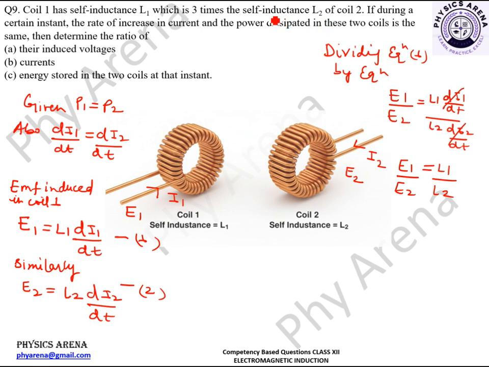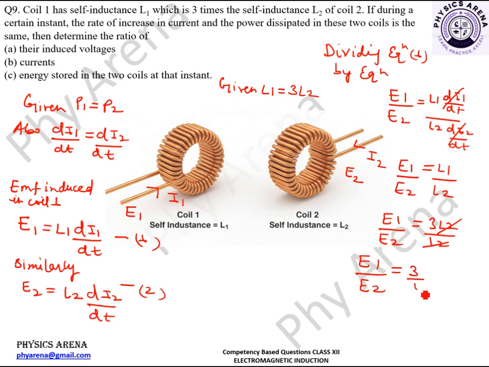And it is given in the question that L1 is 3 times L2. So in place of L1, I can write 3 times L2. So E1 upon E2 will be equal to 3 times L2 divided by L2. L2 gets cancelled out, and we are left with the ratio of the induced voltages being 3:1. So this is the induced voltages.